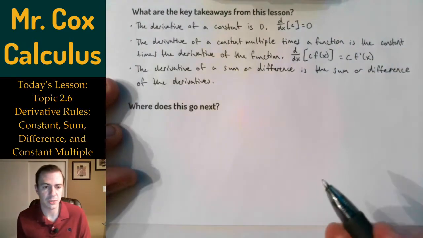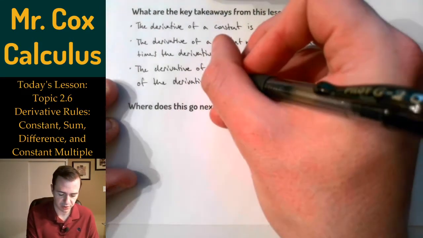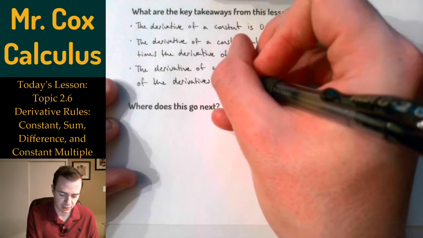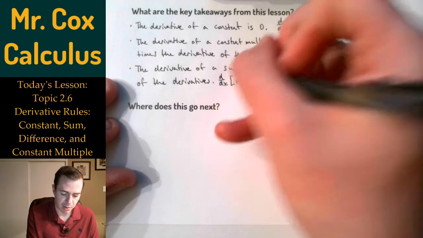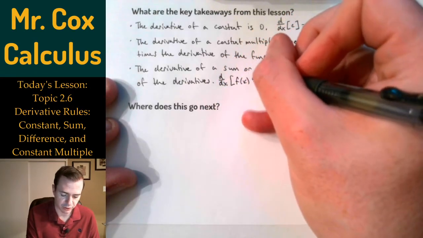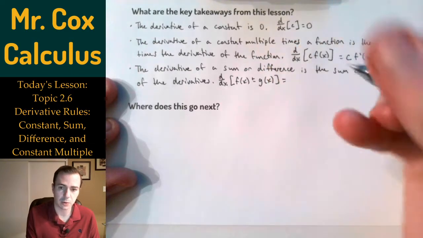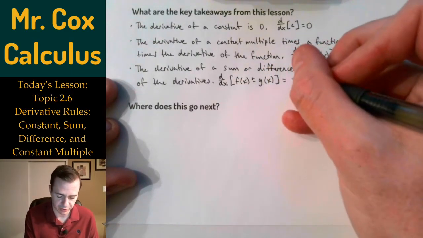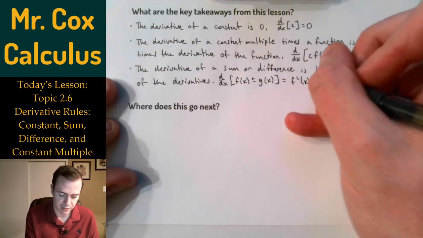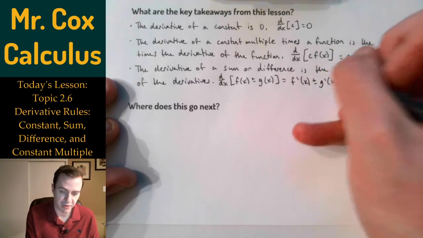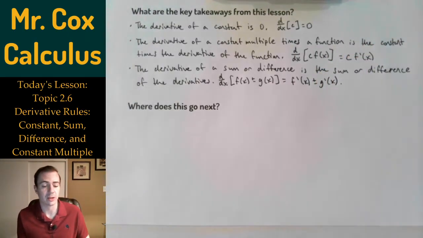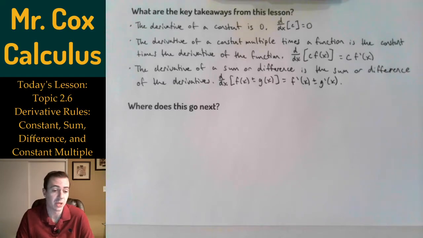And to apply our notation to that statement right there, if I take the derivative with respect to x of the sum or difference of two functions, it is equal to the sum or difference of the derivatives. It's equal to f prime of x plus or minus g prime of x. And that's really the rule that allows us to take a polynomial and split it up and take the derivative of each individual piece that's separated by a plus sign or a minus sign.